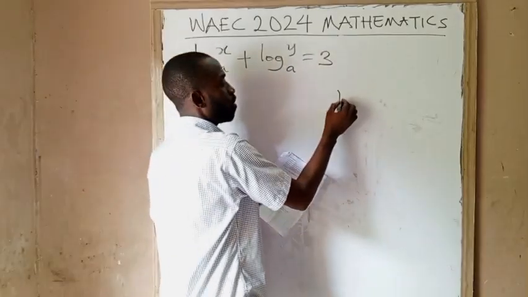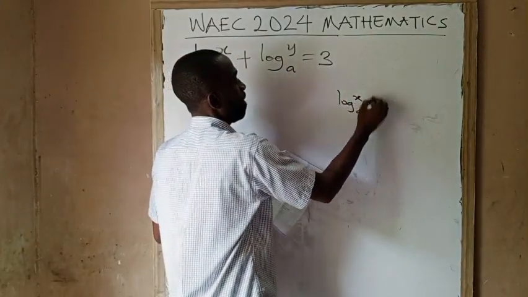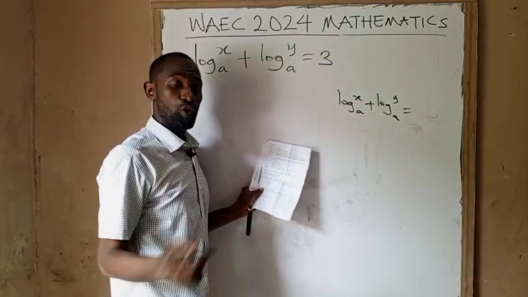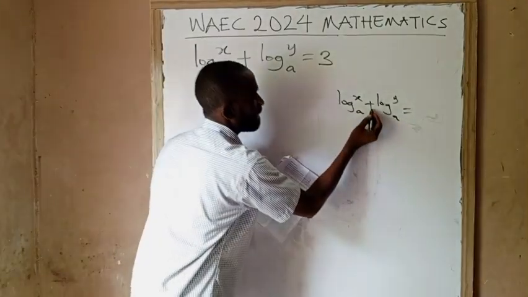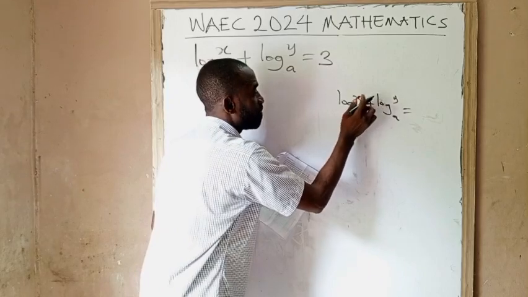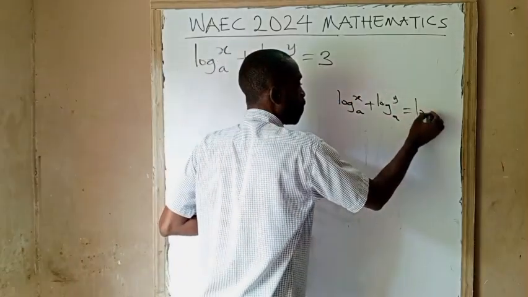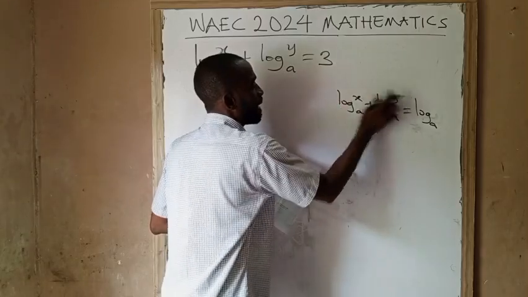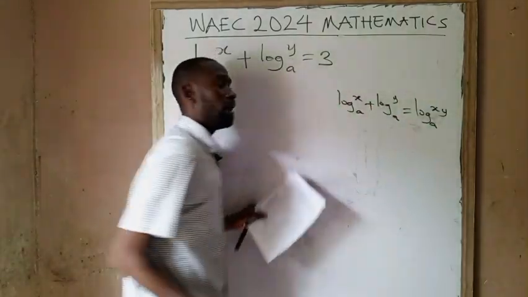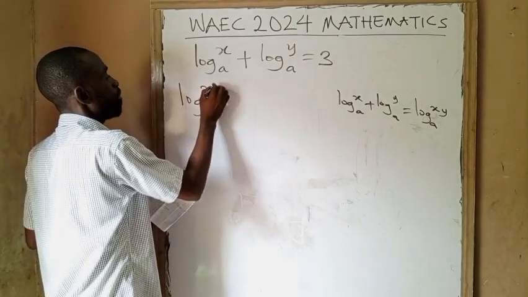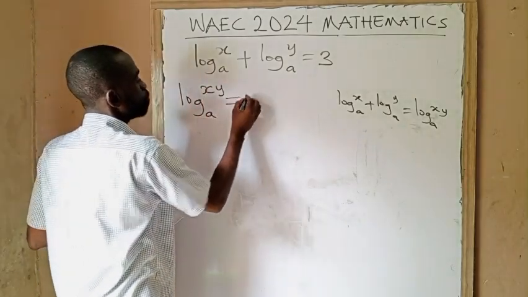If I have log x base a plus log y base a, since they have the same base and addition in between them, the numbers will multiply. So this becomes log of xy base a equals 3.